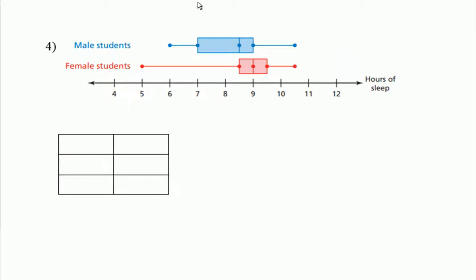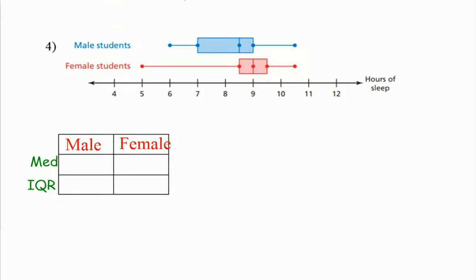And our last one that we have to write out, we have male and female students, and it's talking about hours of sleep. Interesting. I wonder if this information is real or if they kind of made it up. Median and the IQR.